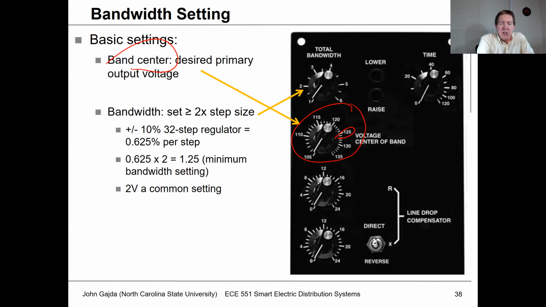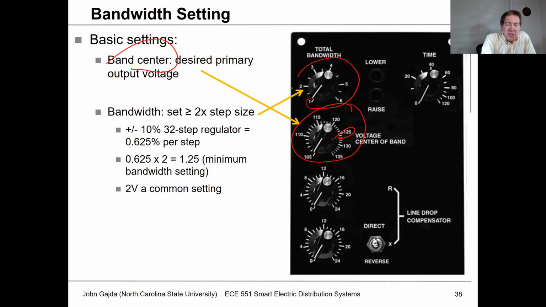The other setting you can have on here is the bandwidth. Keeping in mind that you're going to have like a 5/8% resolution in voltage, what you would do is set the range over which you let this voltage drift before you cause a tap change. And when I say 2 volts, basically this would mean 1 volt over the band center, 1 volt under it.